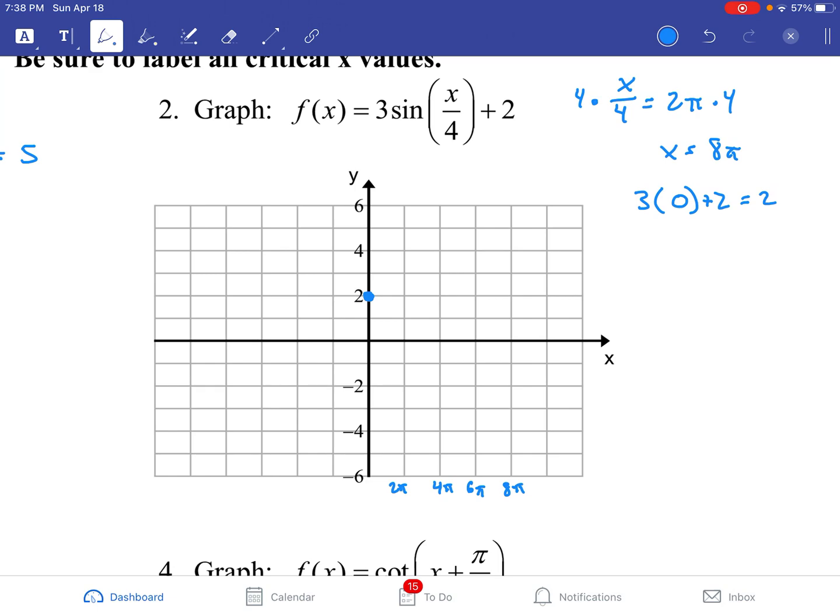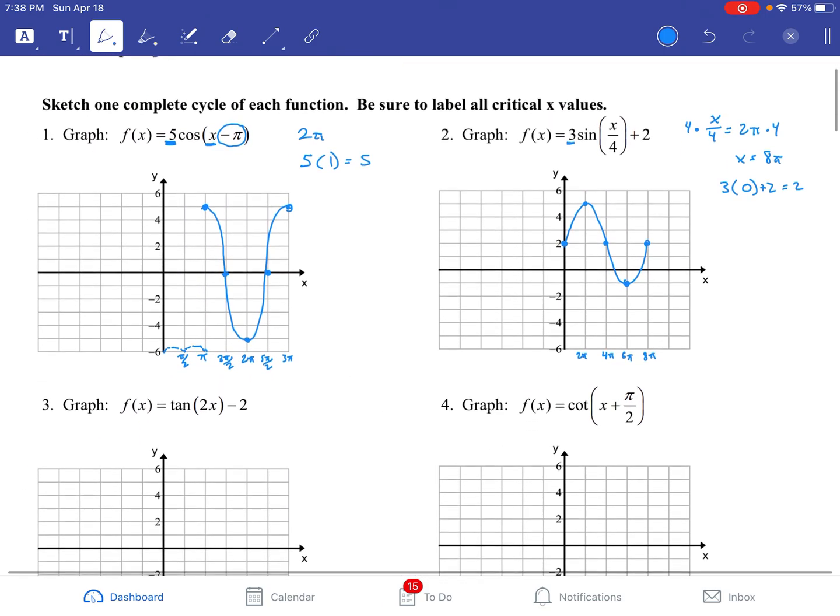Step 3 is completed. Step 4 would be use the amplitude to graph the equation. So the amplitude is 3. So we go up by 3, down by 3, down by 3, right there, and then up by 3. There's your sine function.